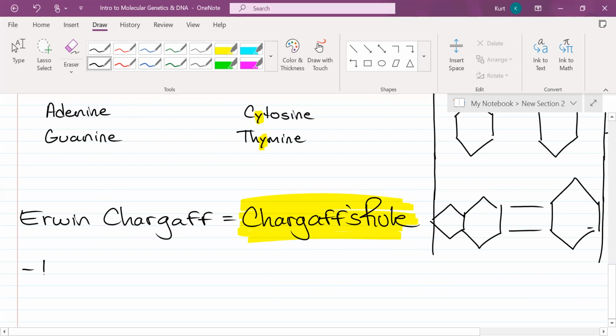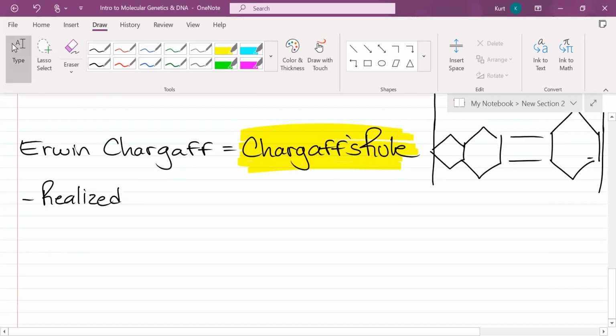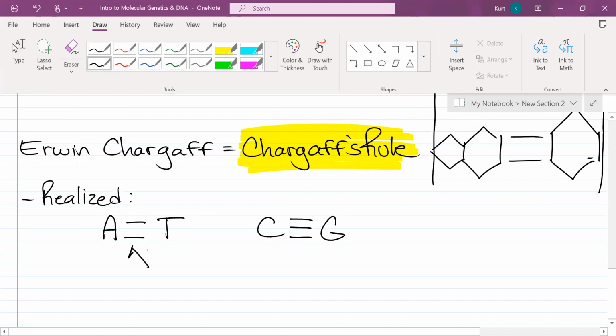Erwin Chargaff realized A is always bonded to T, and C is always bonded to G. And if you're wondering, why do I have 2 lines between A and T and 3 lines between C and G? Those lines are hydrogen bonds. There are 2 H bonds, or hydrogen bonds, that connect adenine to thymine, and there are 3 hydrogen bonds, which you can also call H bonds, that connect cytosine to guanine.